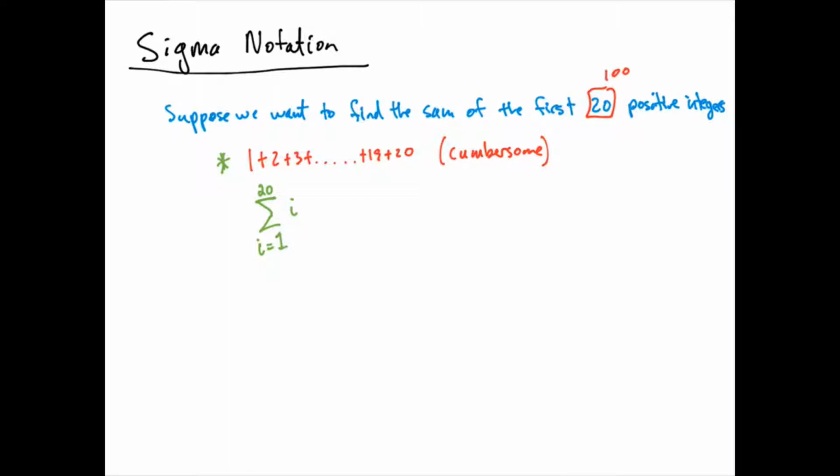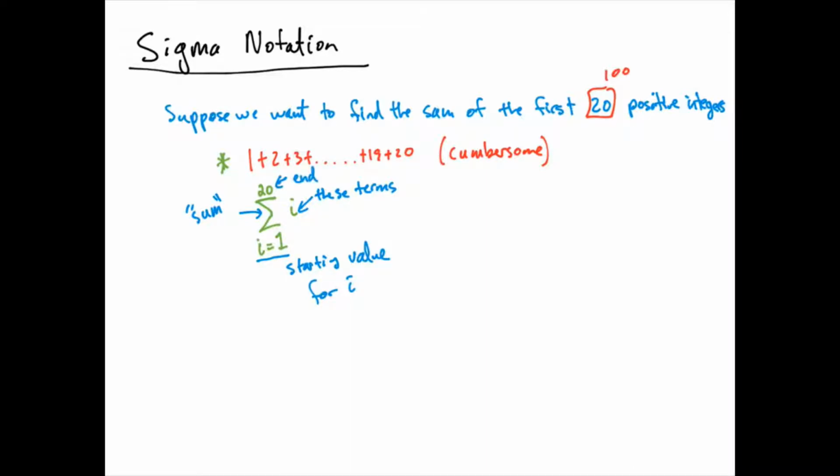Sigma tells us we want to find the sum of these terms. Okay, now what are those terms? Well, we're starting with i, and down here this is telling us the starting value for i, and then we're going to end at this value.